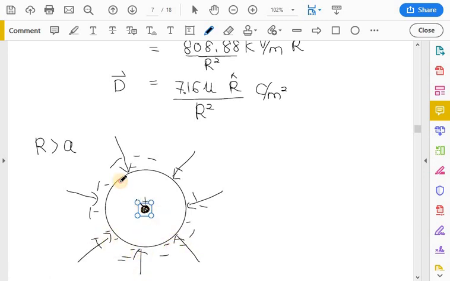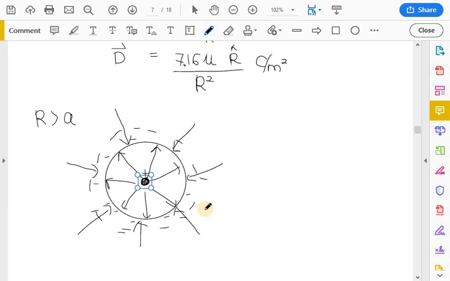This is a positive charge, and it will terminate at the spherical shell. Now we want to find the electric flux density at the region R greater than A. Of course the D will be contributed by the surface charge density.